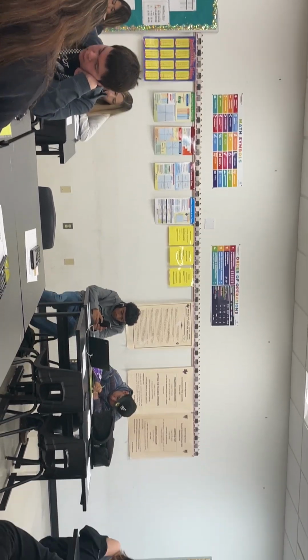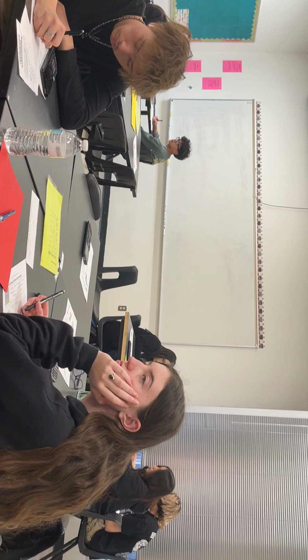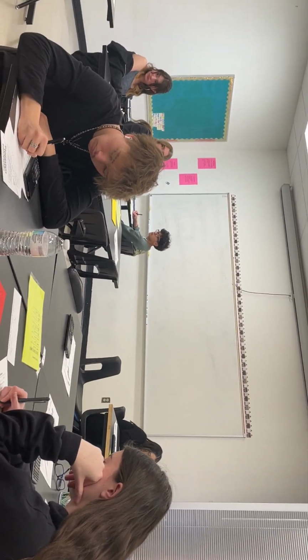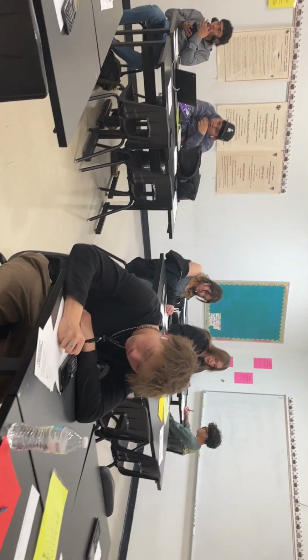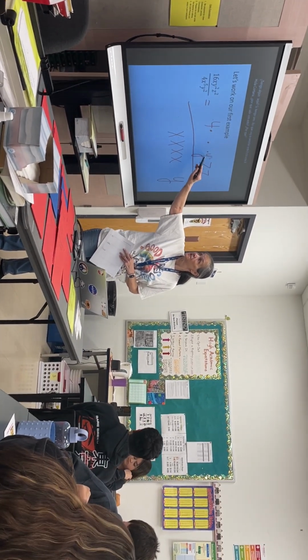After we've factored everything out, we can start canceling things. So I'm going to cancel out a 4 and a 4. Do I have any x's here? Yes, I have one, so I'm going to cancel this x with this x, and take this y out with this y, and this y with this y.